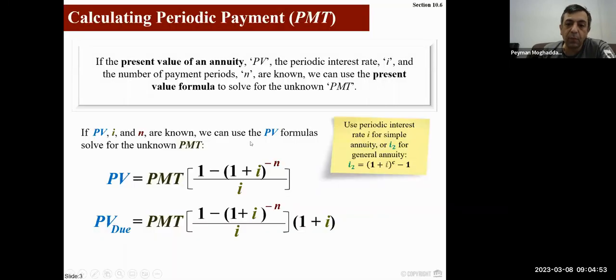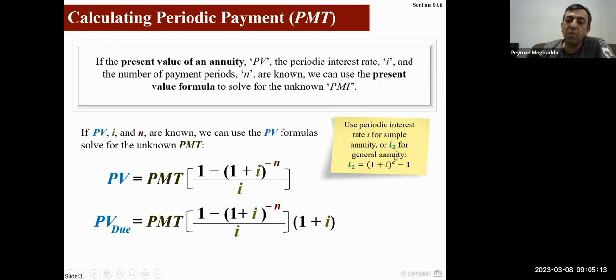This is basically a simple annuity. If it's a general annuity, then this I is going to be I2. The only difference between a general annuity and a simple annuity is that you need to find I2 first, and then you use the same equation. How do you calculate I2?